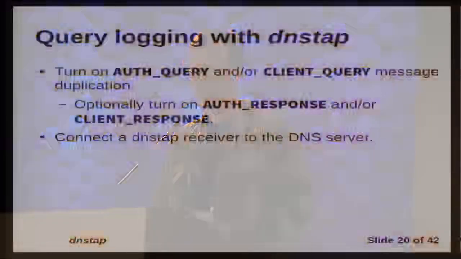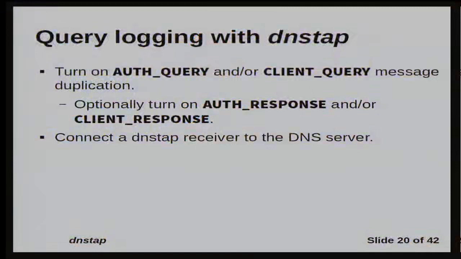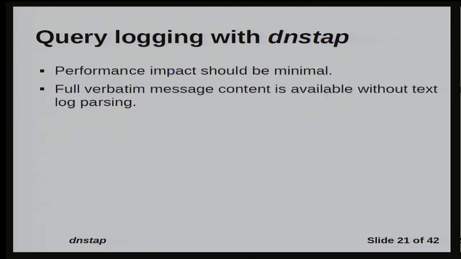So here's what query logging looks like with dnstap. We just turn on the right knobs for the query messages that we're interested in. Optionally, we could turn on response message logging as well if we were interested in that kind of data. Then we just connect a dnstap receiver to the DNS server, and it does whatever it needs to with that data.